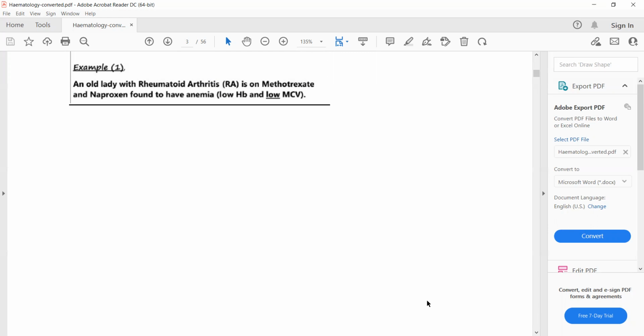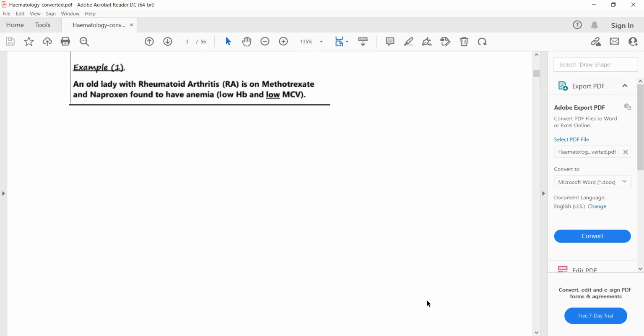One is NSAIDs for joint pain, and the second is folic acid antagonists such as methotrexate. So in patients with rheumatoid arthritis, they can have a macrocytic anemia or they can have a microcytic anemia.